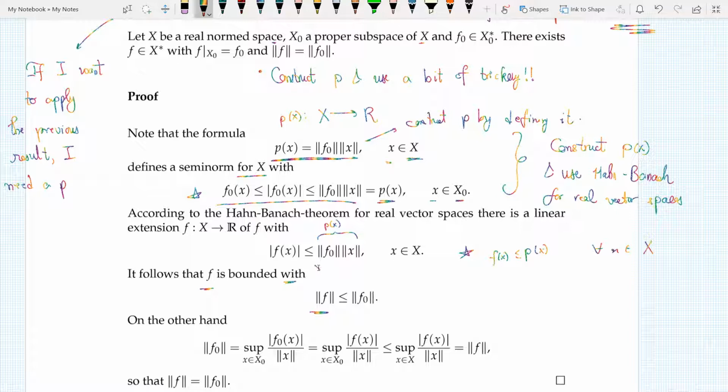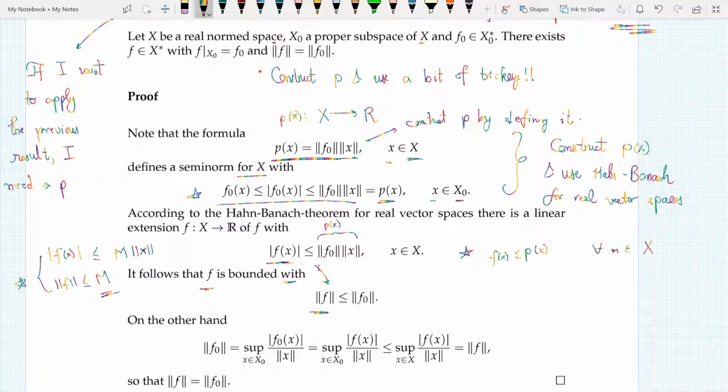How did I get this property? I know that this is less than or equal to M times the norm of X, so the norm of F has to be less than or equal to M. This is what we have seen in the first few videos of the series.